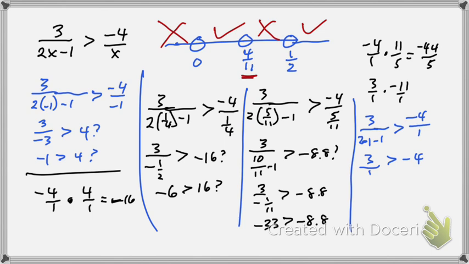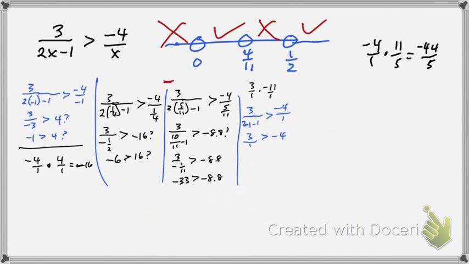I'm going to shrink some of this down so we can have room for our answer. Okay, so what are we talking about here? We're talking about this and this. So, what's the smallest my left-hand chunk can be? 0.